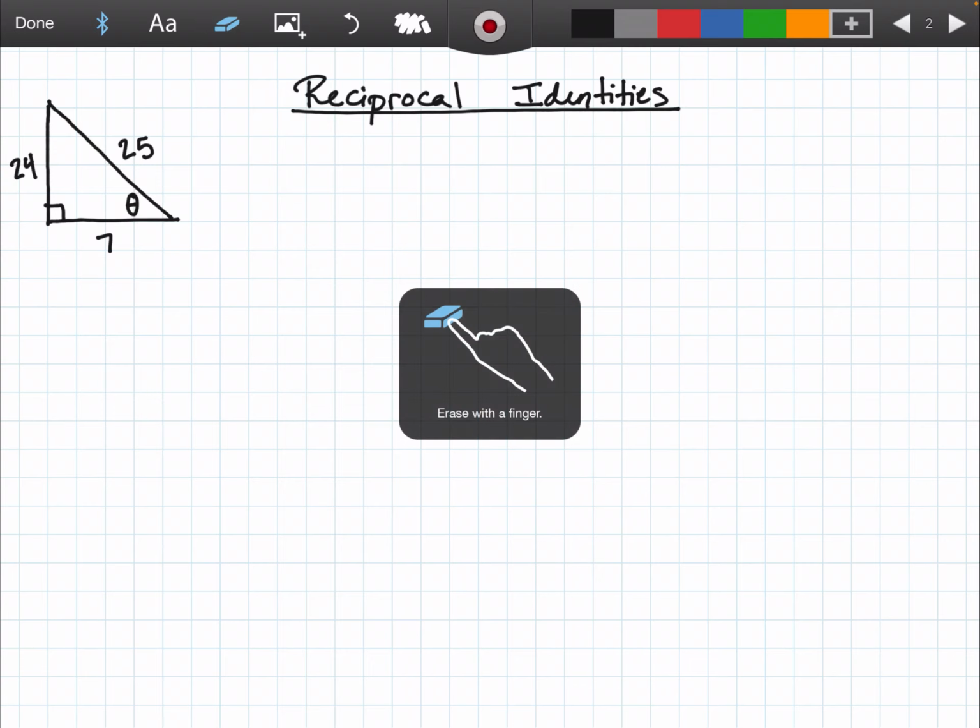Before we get there, let's talk about tangent. Take back my song, I'm sorry. Tangent identity. There you go. There's a new song for you.